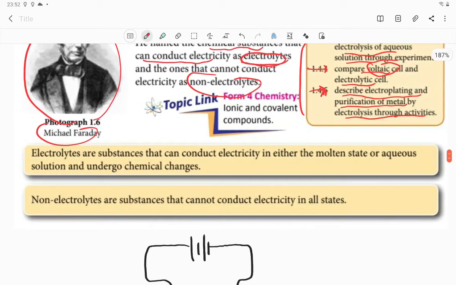Okay, so this is the full definition of electrolyte.